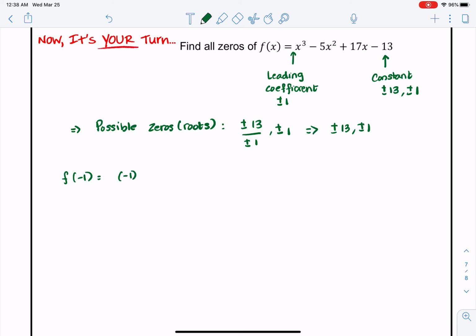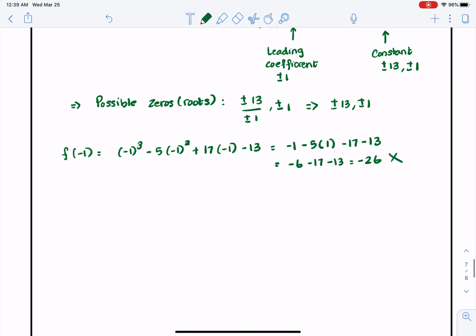So negative 1 cubed, negative 5 times negative 1 squared, plus 17 times negative 1 minus 13. We have negative 1, negative 5 times 1, negative 17, negative 13, negative 6, negative 17, and negative 13, we get negative 26, so that is not a zero.